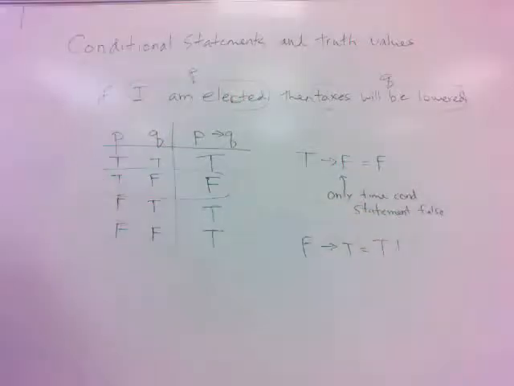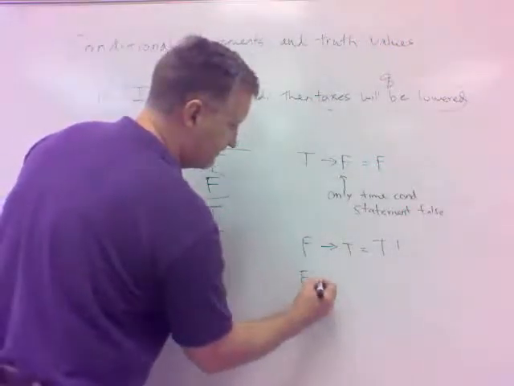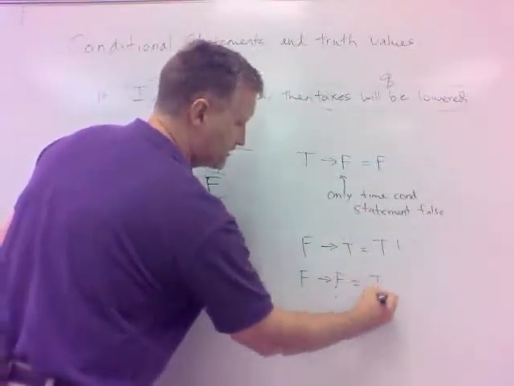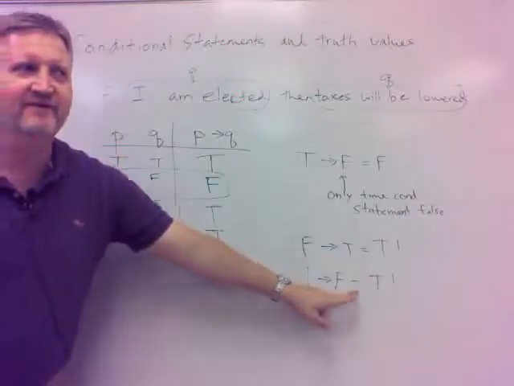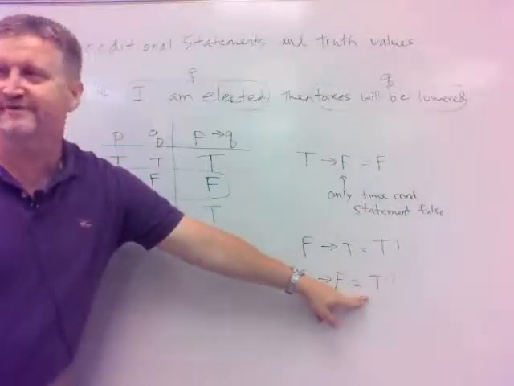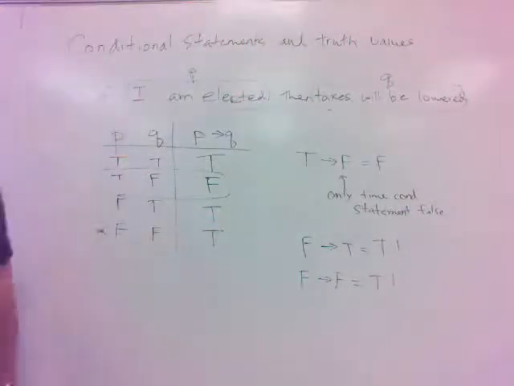And then also note that last one. It's different than the and and the or statement for sure, because F arrow F is true as well. Even though the two parts of it are false, the statement overall is true, you see. So the arrow statement does have its peculiarities.